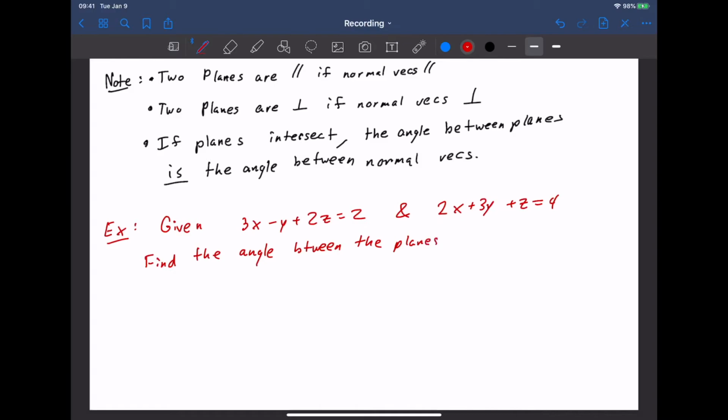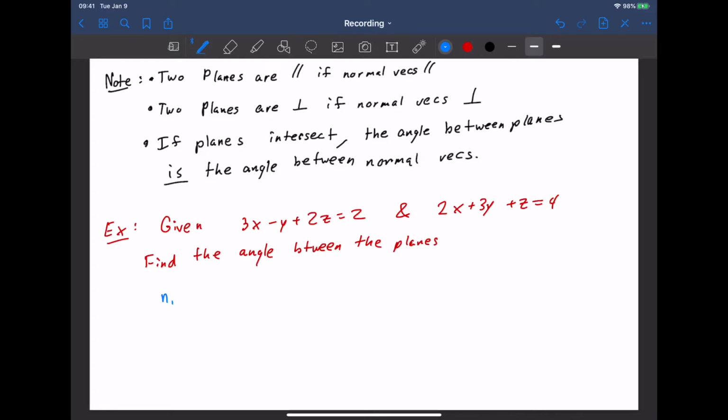Now again, they don't have to tell you those are planes explicitly. You should know. How do I know? There's no multiplying between the variables. All the variables have 1 power. It suggests that these planes are going to not be parallel.